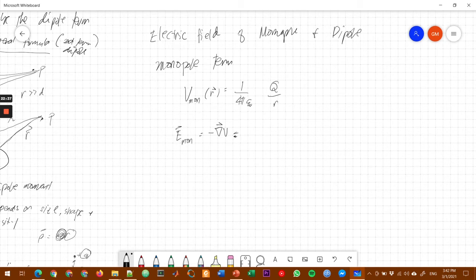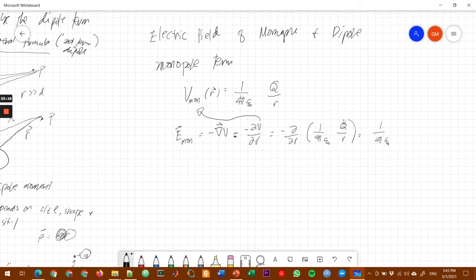So we have negative partial derivative with respect to R of 1 over 4 pi epsilon naught Q over R. The derivative is with respect to R only, so Q and 4 pi epsilon naught are constants.